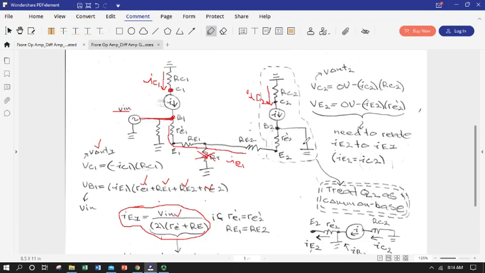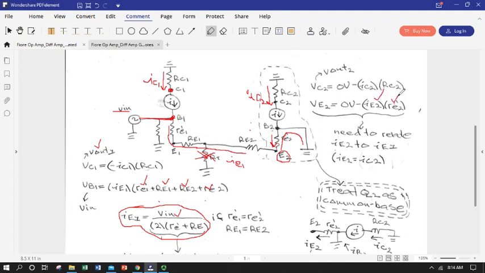So that allows us to make a little KVL loop right here to get an expression for the voltage at this E2 point. So we go from ground at 0. So B2 is at 0. It's a ground. So we will drop a voltage to get to E2 equal to IE2 flowing over RE2.